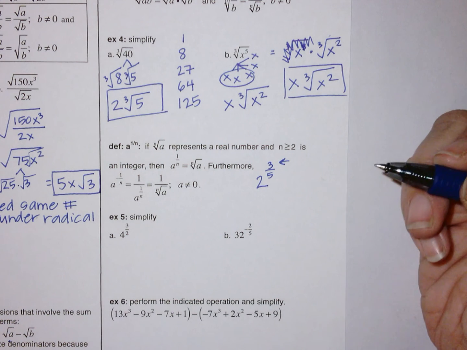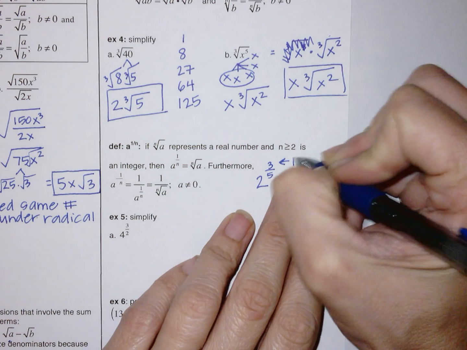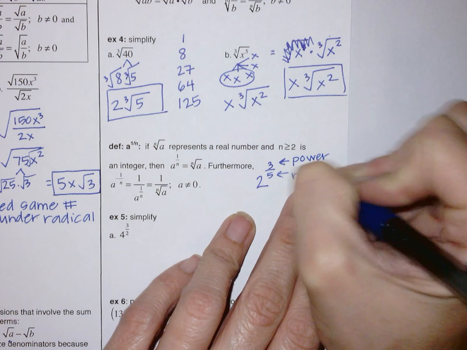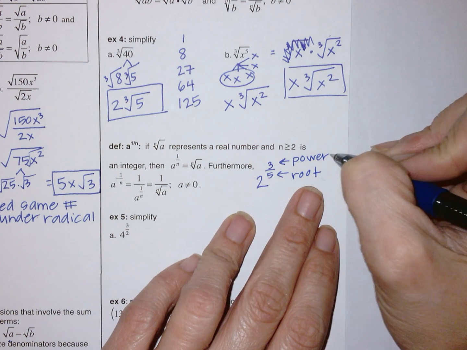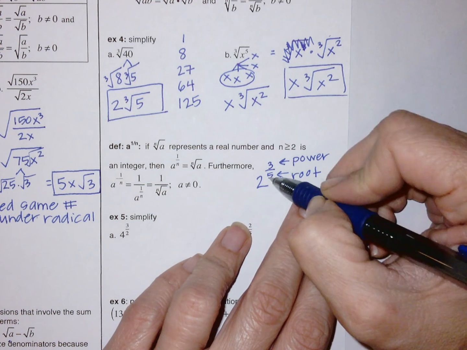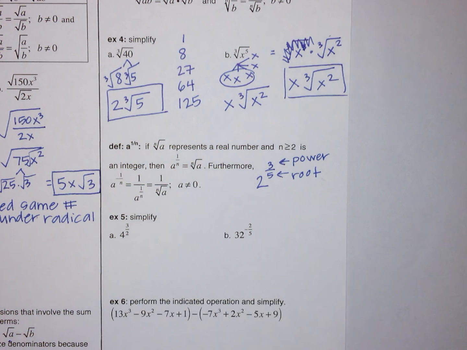If I want to write it in radical notation, this is the power and this is the root. Really easy to remember because power, people of power, are usually at the top, so the top of the fraction, and roots of a tree are at the bottom of the tree, so there's the root. So at the bottom of the fraction.